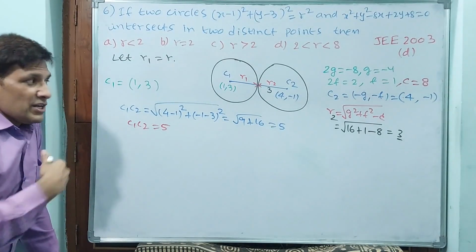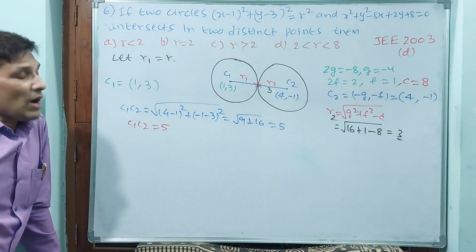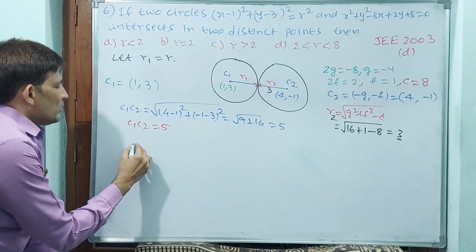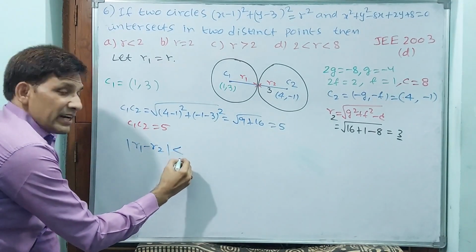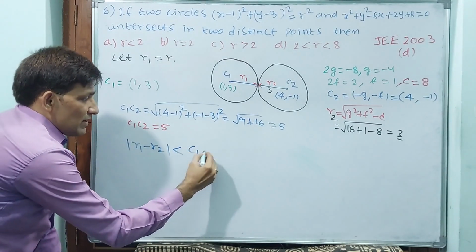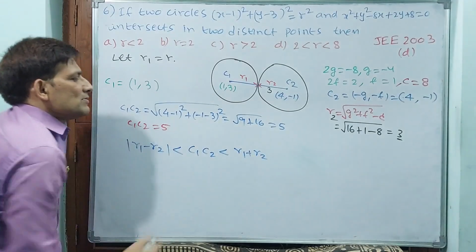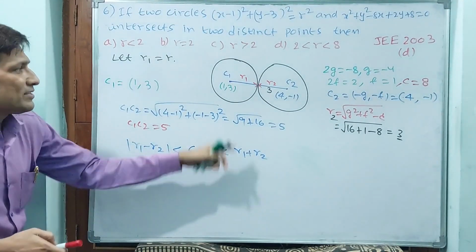But is there any control? Greater than 2 means up to where? Up to 8. Why? Because one formula is there. I am writing: |R1 - R2| < C1C2 < R1 + R2. This is the formula. Within this limit it should be.